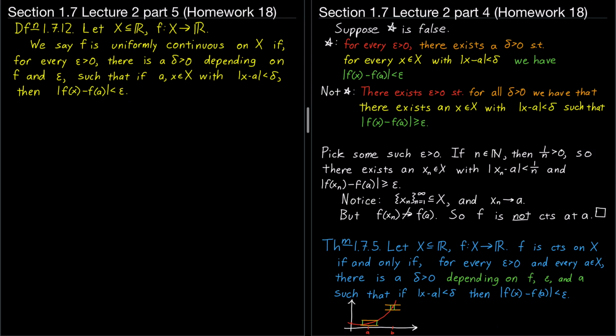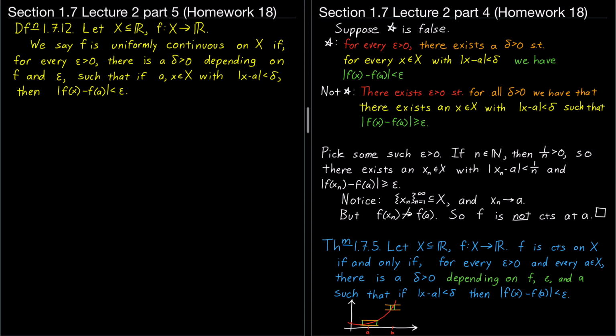And I want to emphasize this is a stronger condition than being continuous. Now you have to have the same delta. You have to be able to come up with one delta that works for all points in your domain.